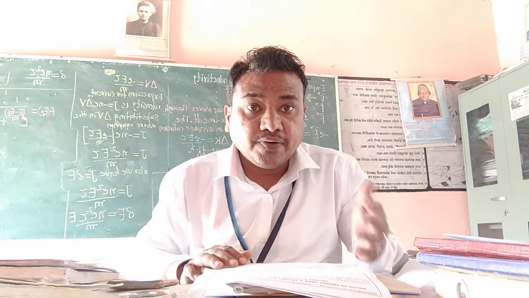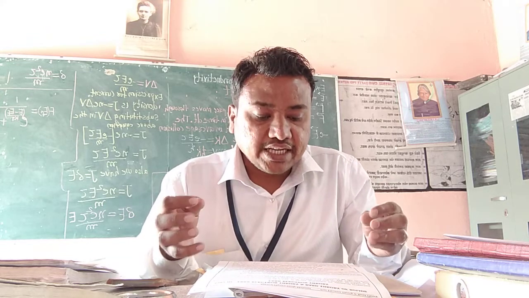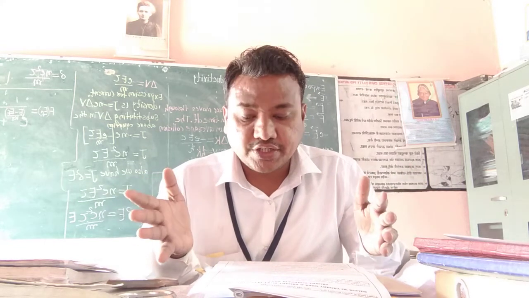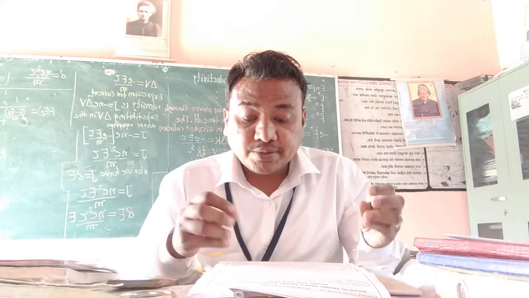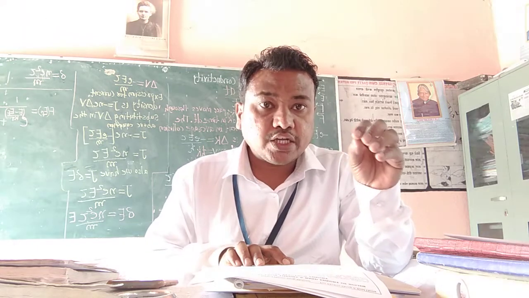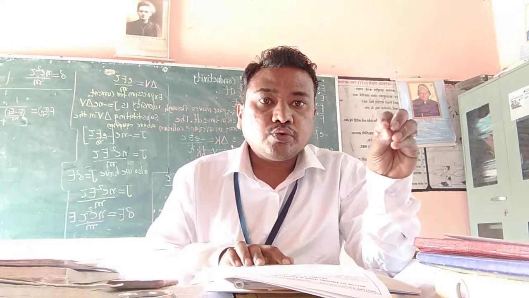In the absence of a field, the energy associated with each electron at temperature T, whether room temperature, higher temperature or low temperature, is given by 3/2 kT.